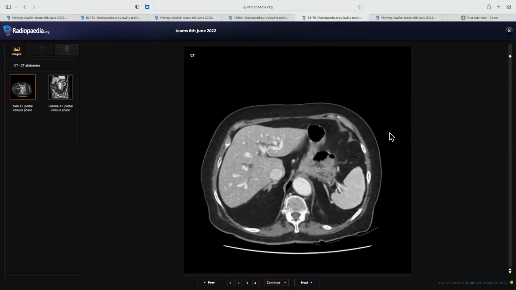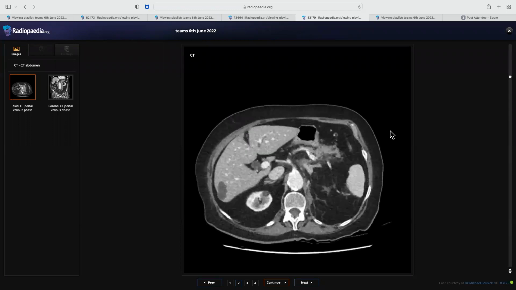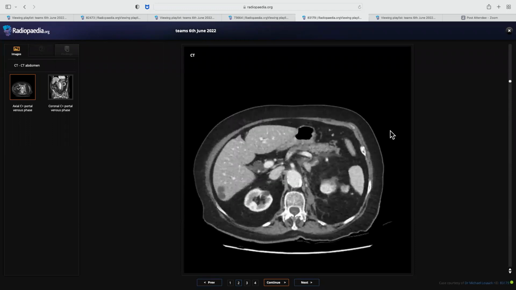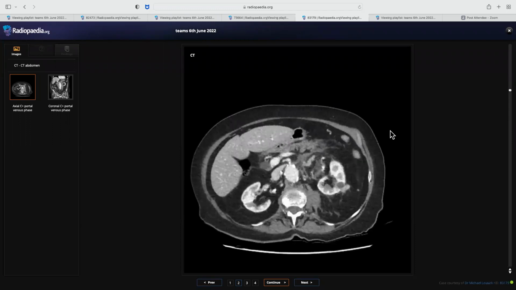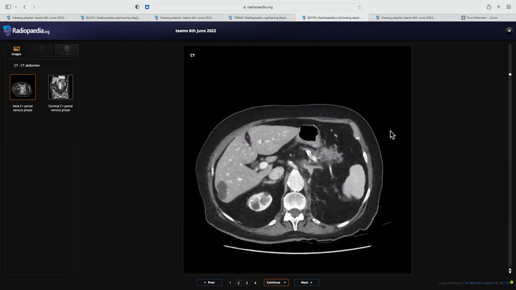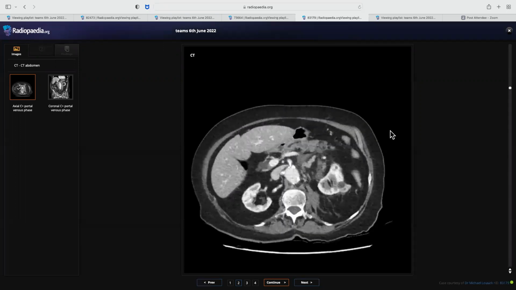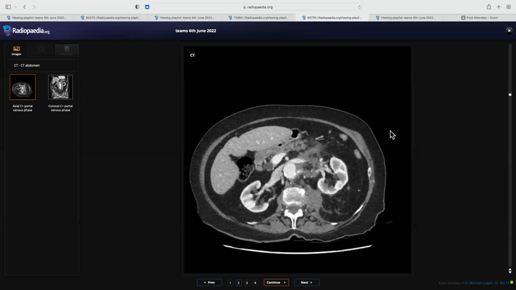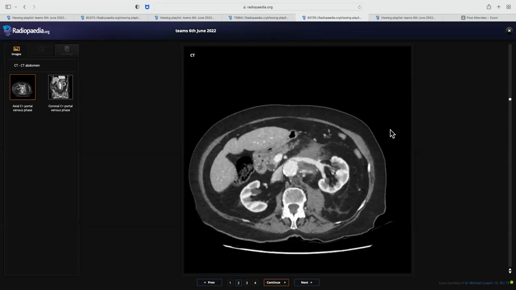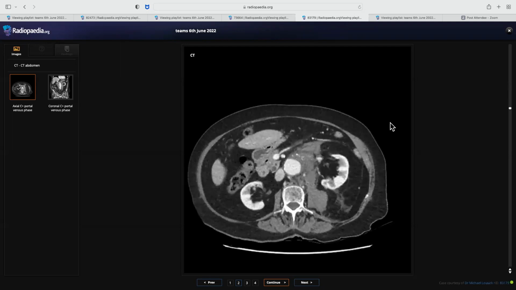Going back, seeing the liver and spleen, I have seen some hypodense area in the liver, which seems to be something benign. The kidneys and the spleen are fine. My concern is for the aorta. There is aortic dissection, I can see.